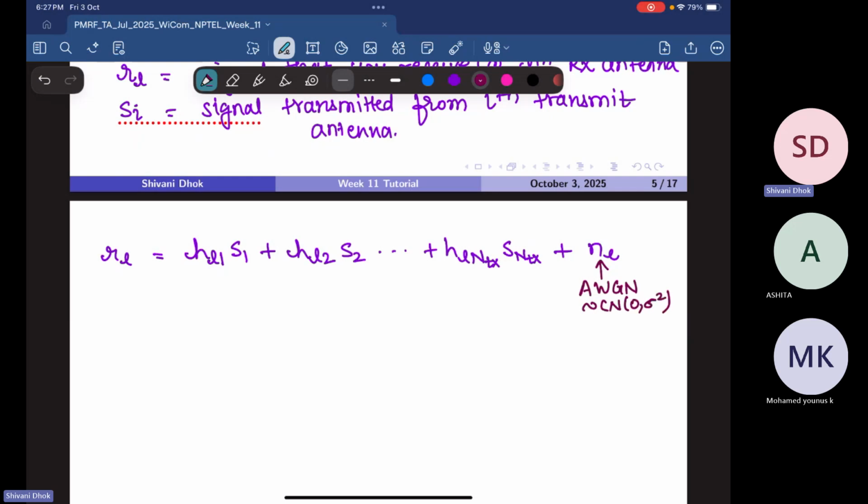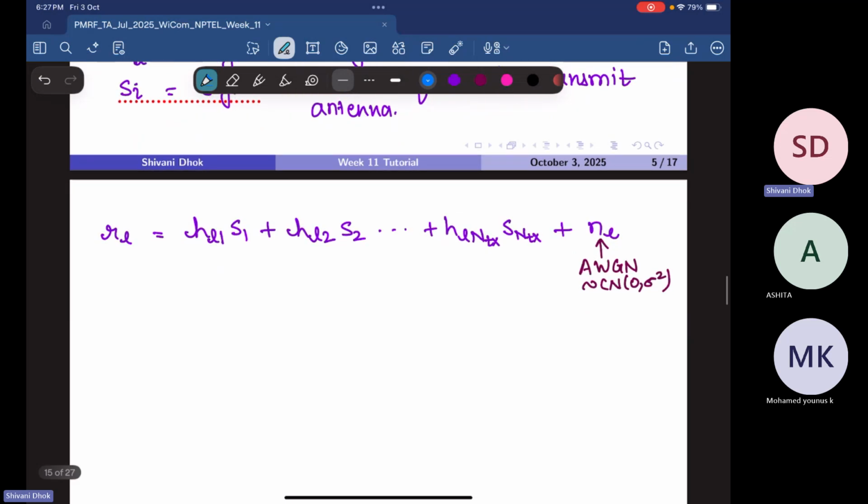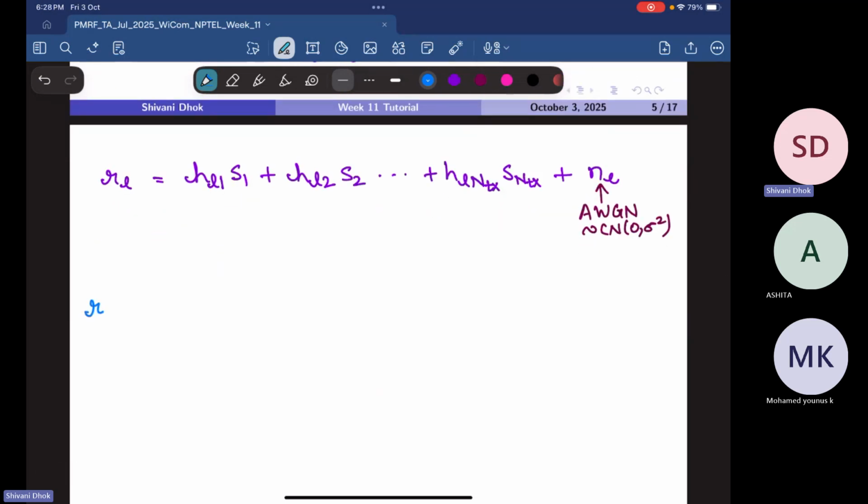Okay, now what we do is stack all of these received signals at all the antennas in a vector. That vector we name as R, and we stack them as R1, R2, and so on till RNRX.